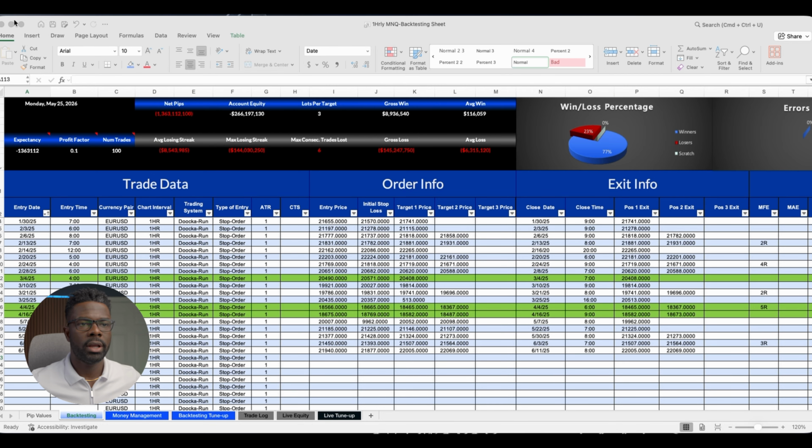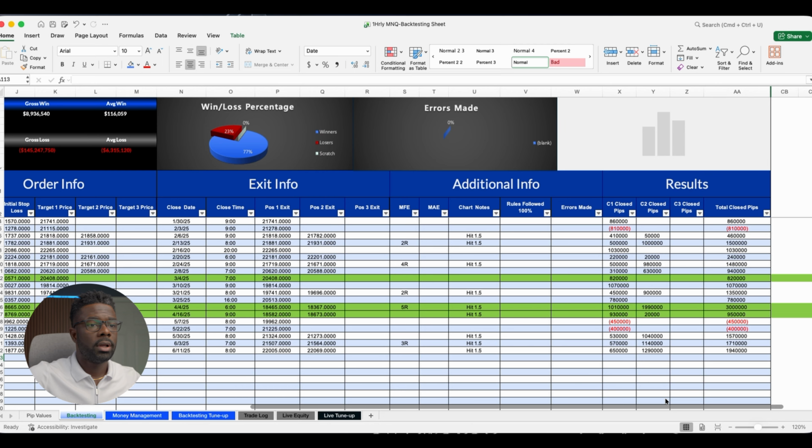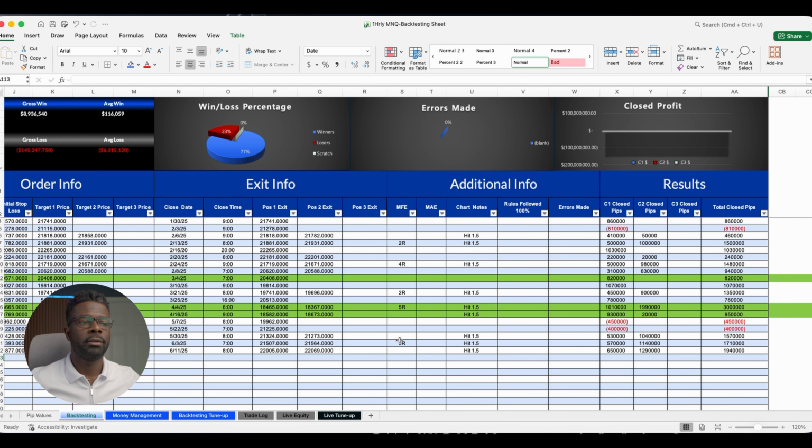Now I'm going to show you my backtesting sheet so you have a better perspective of that strategy. Here is my backtested sheet where you can see all of the data points that I was looking at. Besides the trade data, order info, and exit info, in my additional information I was looking for my maximum favorable excursion. In that chart note, I was looking for how many times the market hit a 1.5 to 1.